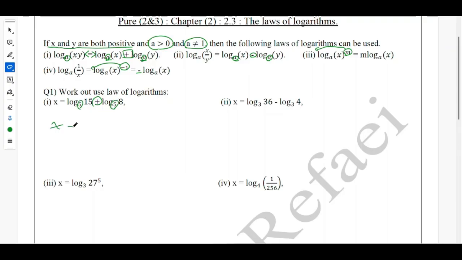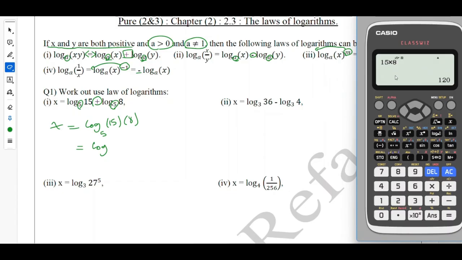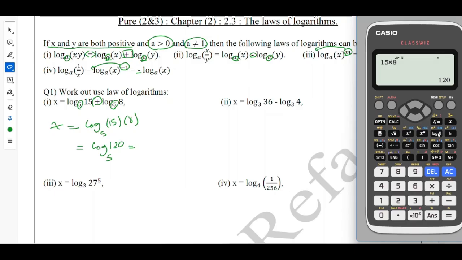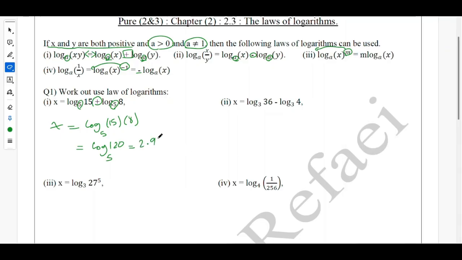So x equals log 15 by 8 to the base 5, equals log 120 to the base 5, which equals, to three significant figures, 2.97.